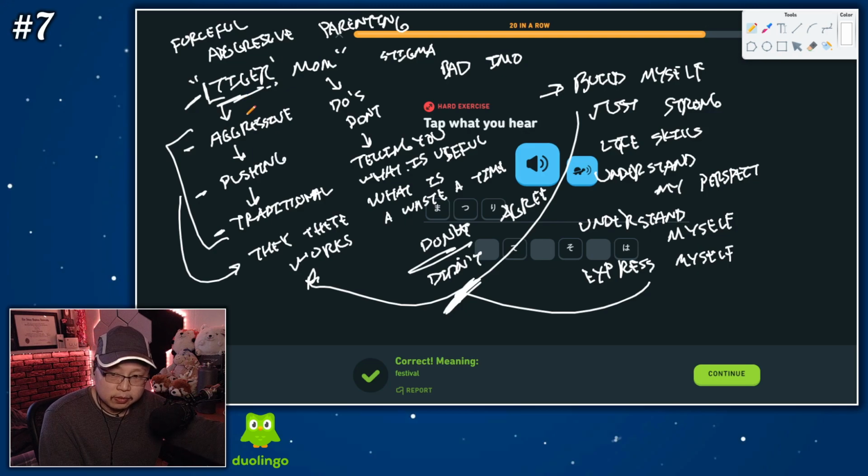So my mother is a tiger mom. She's incredibly aggressive. She knows what she wants in her child. She thinks she knows what's best for me. And because of that pushing and pulling, I grew up to be an incredibly stronger person. Even though I disagree with her, I needed to develop all the life skills to understand where my mother is coming from. She loves me. That's why she's aggressive, right?